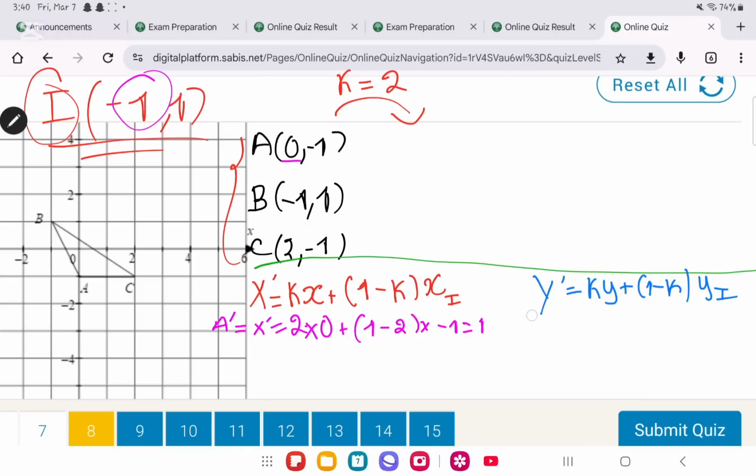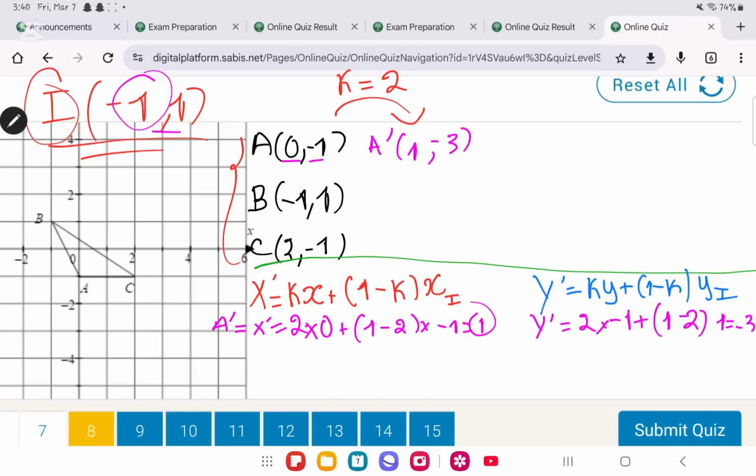To find the y prime of A, it is very simply 2 times the y of A, which is minus 1, plus 1 minus the constant, 2, times the y of the center, which is 1. And this will give us a value of minus 3. And just like that, we found A prime, its x is 1, and its y is minus 3.